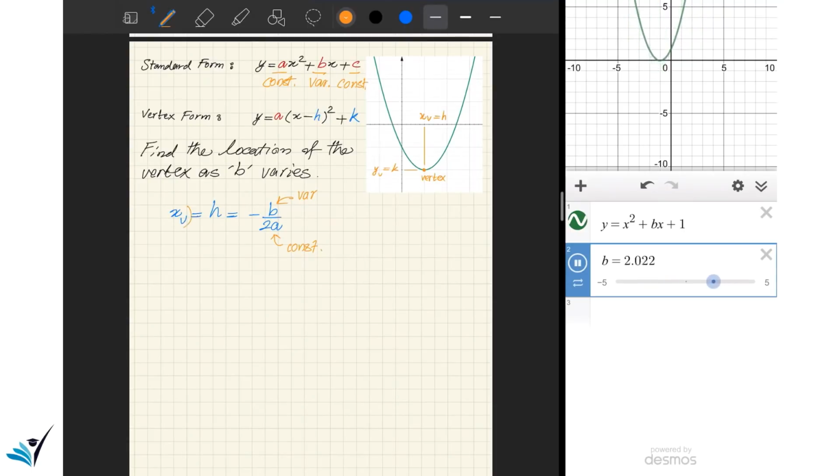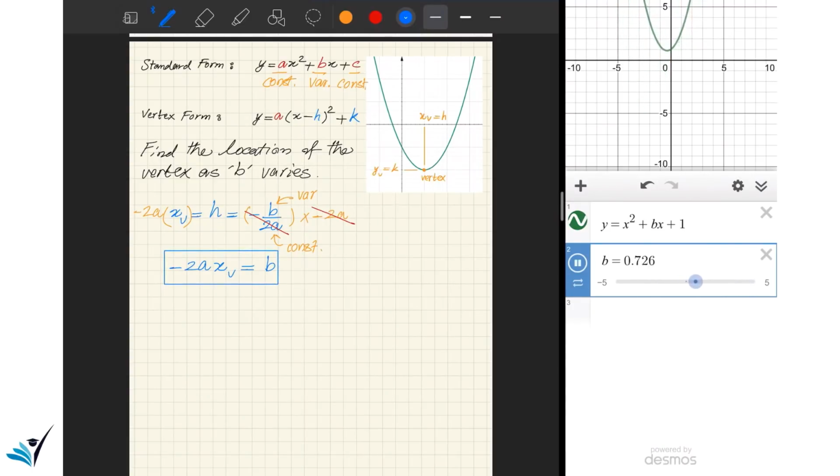To do so, I'm going to multiply x sub v by negative 2a, and also on the right hand side I'm going to multiply negative b divided by 2a by negative 2a. So I can simplify the right hand side, so negative 2a will cancel out with the negative 2a in the denominator, and I would have negative 2a times x sub v is equal to b.